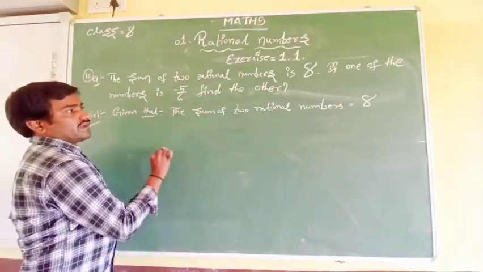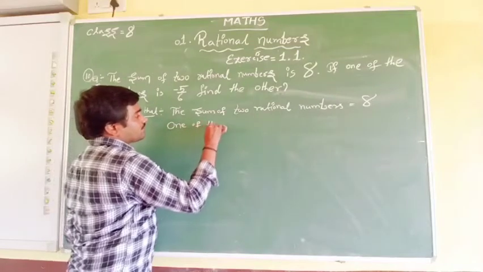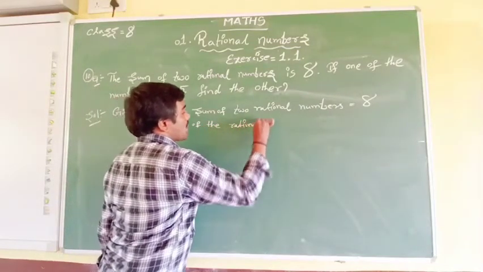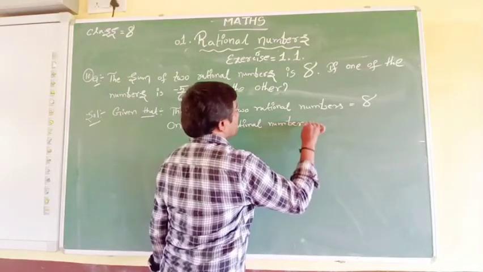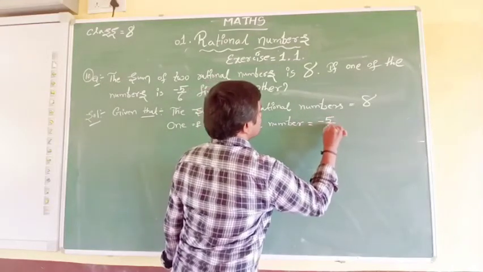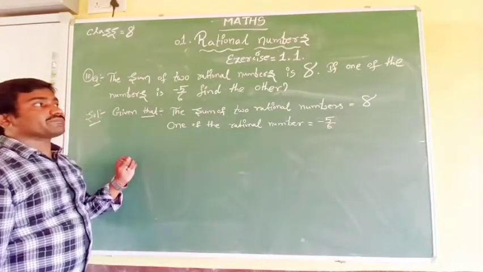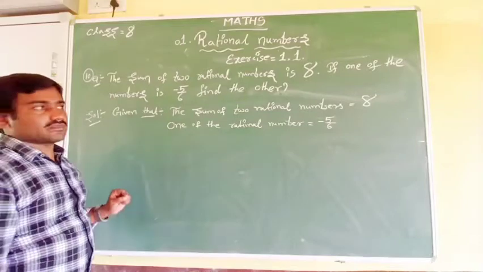One of the rational numbers is equal to minus 5 by 6. We need to find out the second rational number.